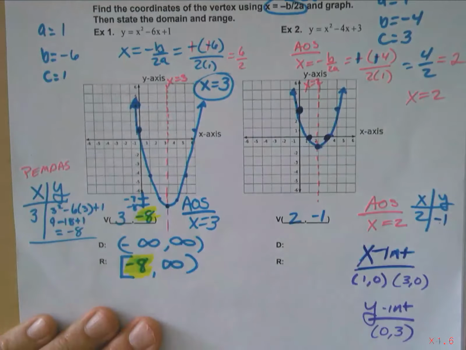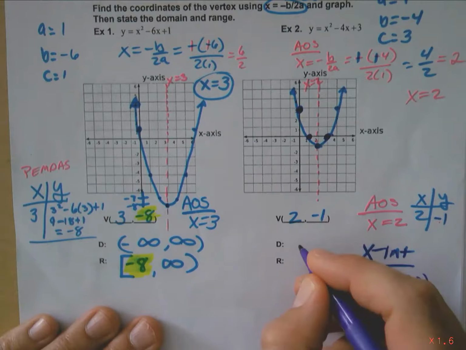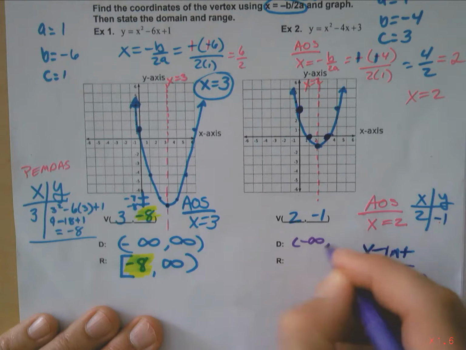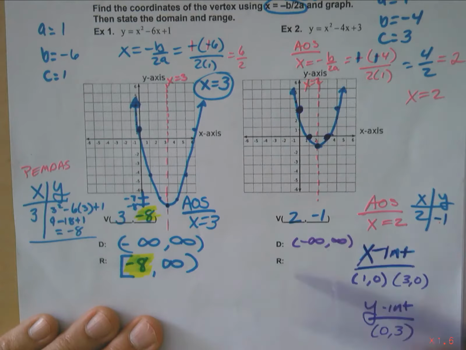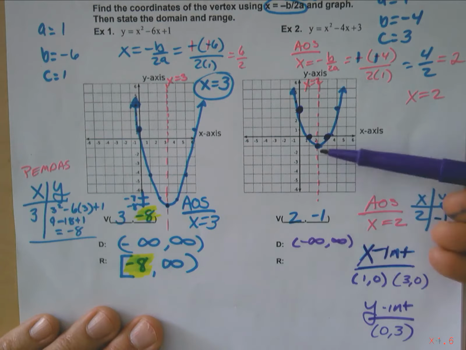Okay. Domain and range. Domain is just what? Always, always, always: negative infinity to infinity. Range is the tricky one. Ooh, I see it right here. What's this y value right there?